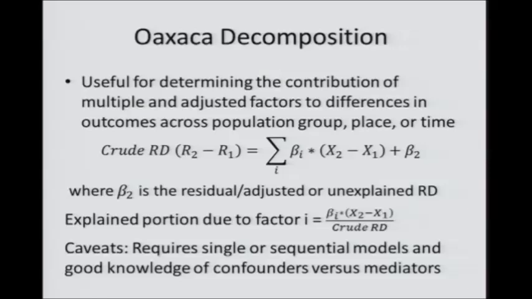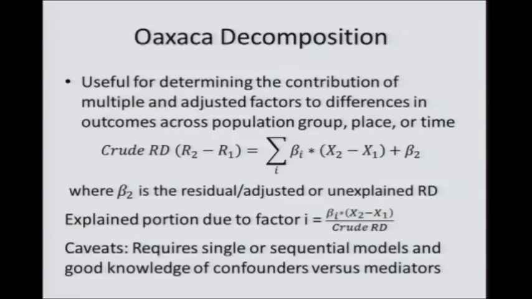And then beta 2 is just the residual or unexplained portion of the disparity. So the explained portion due to factor I is that beta coefficient multiplied by the difference in the prevalence between these two populations over the crude risk difference.